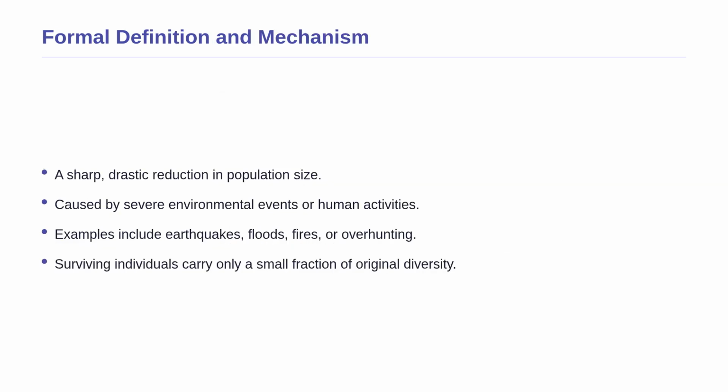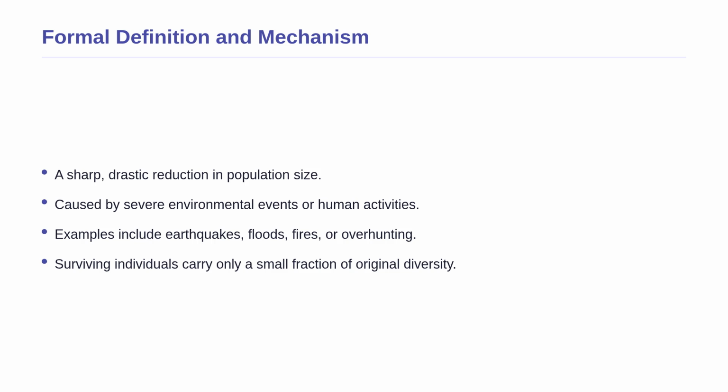Moving from our analogy to formal biology, what exactly is a population bottleneck? In evolutionary biology, it is defined as a sharp, drastic reduction in the size of a population. This is usually caused by severe environmental events, such as earthquakes, floods, extreme droughts, or even human activities like overhunting and habitat destruction.